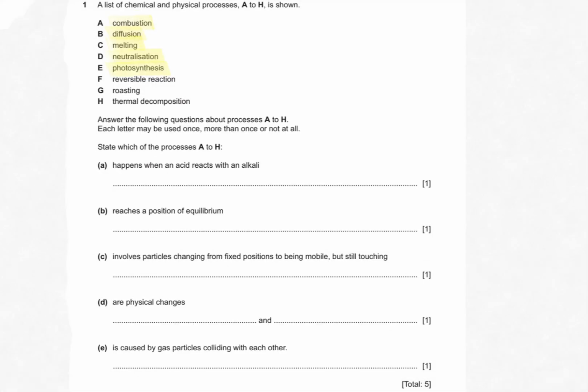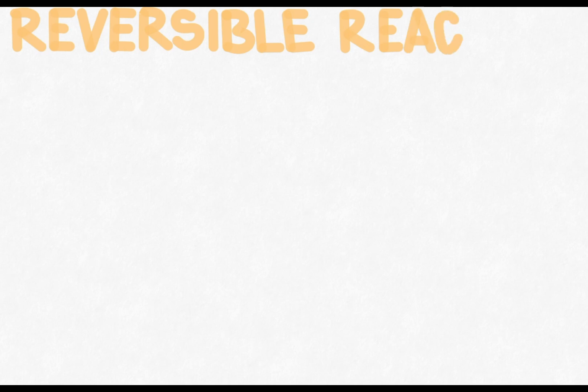Now we can have a look at reversible reactions, and in chemistry this is a whole chapter, but I'm going to try and sum it up as quickly as possible. Now, reversible reactions are reactions that can go in the forward direction as well as the reverse direction, meaning that our reactants will form products, but our products can also reform reactants.